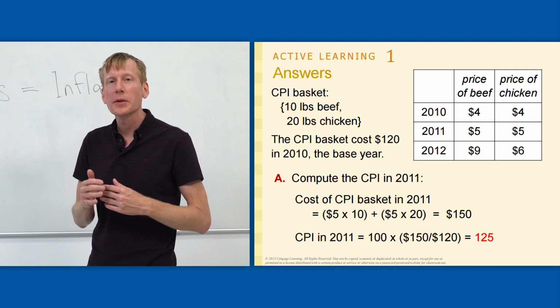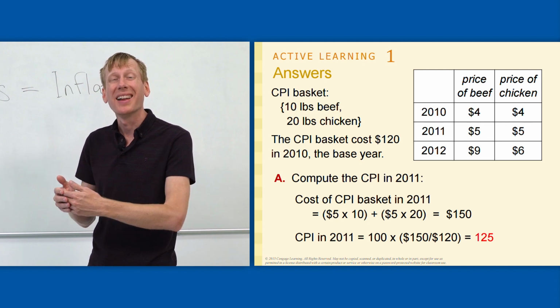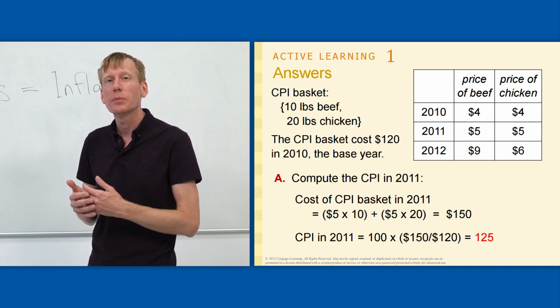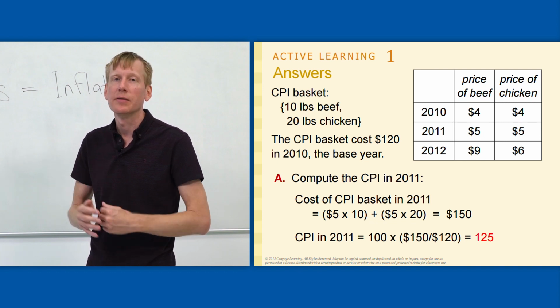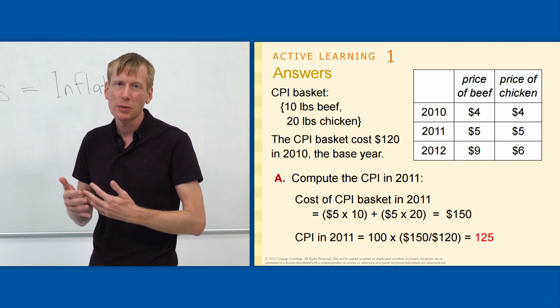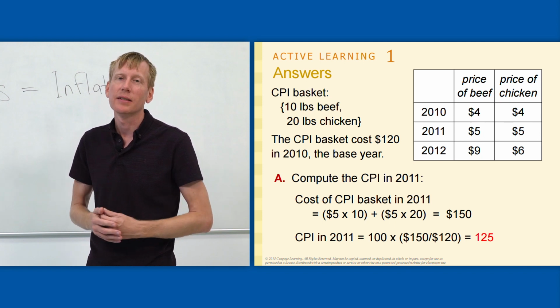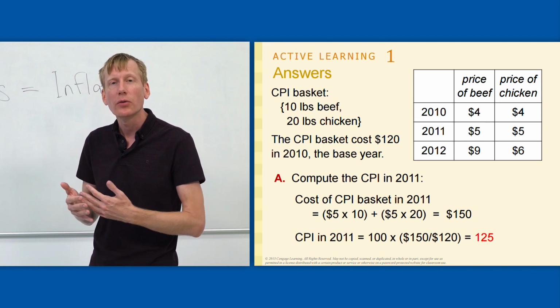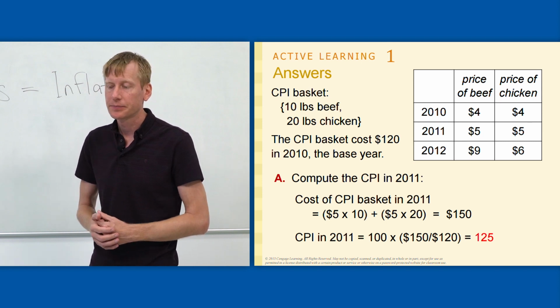So as we move from 2010 to 2011, both goods have increased in price by 25%, from 4 to 5, and the CPI has also increased 25%, from 120 to 150. We have an inflation rate of 25%.